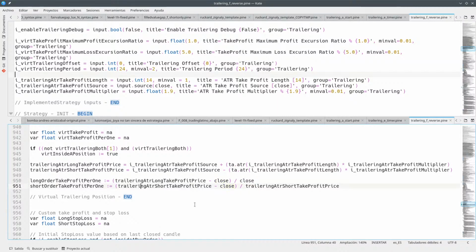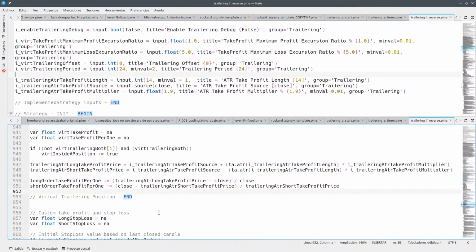And the one from here should be something similar, but not so much. So I guess it is close. This should be close minus this take profit price, which is down, so that this is positive. Yeah, so this is 120 minus 100. Yeah, this makes sense. Okay, nice.